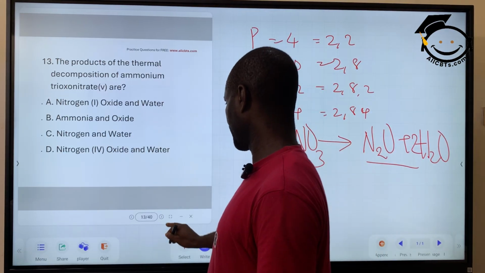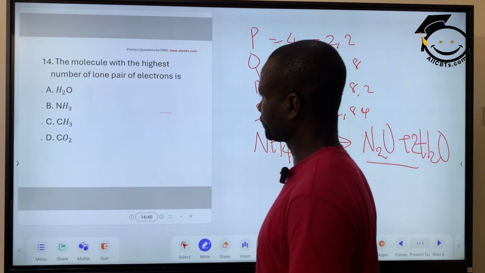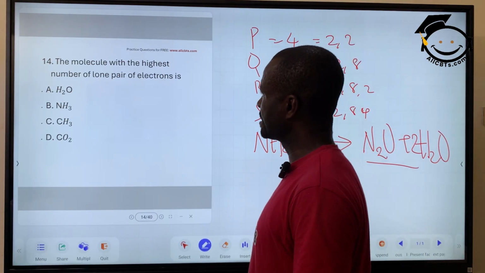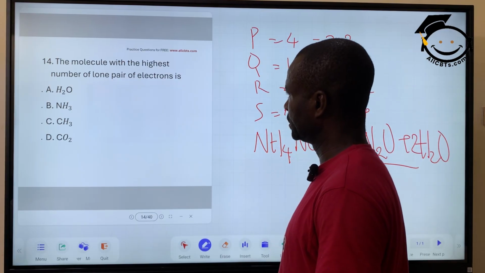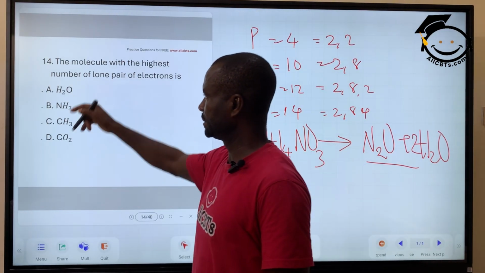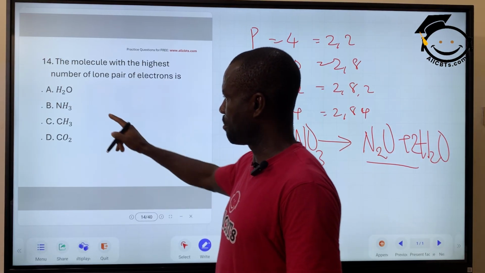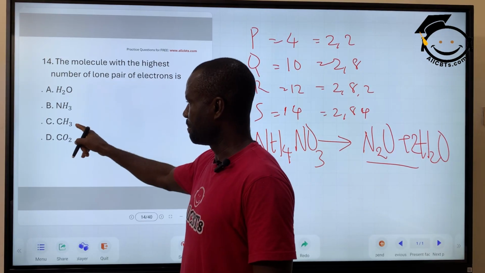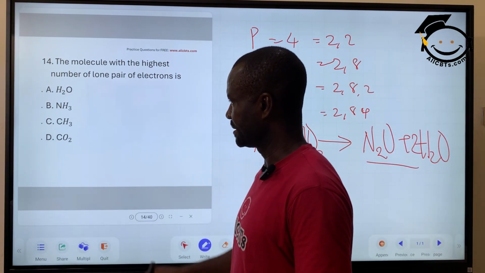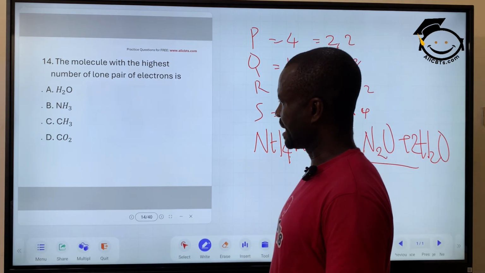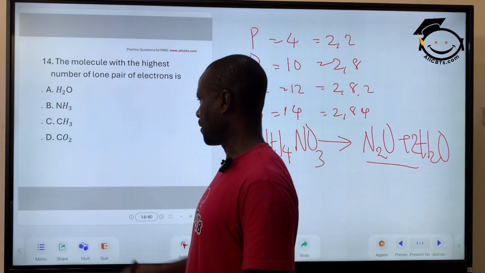All right, question 14. The molecule with the highest number of lone pairs of electrons: water, H2O, ammonia, methane, and carbon(IV) oxide. The correct answer is carbon(IV) oxide.